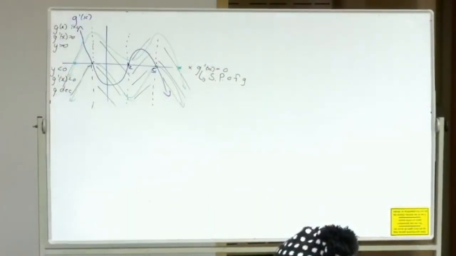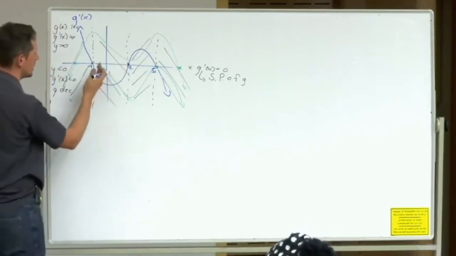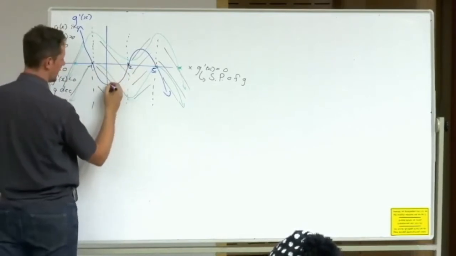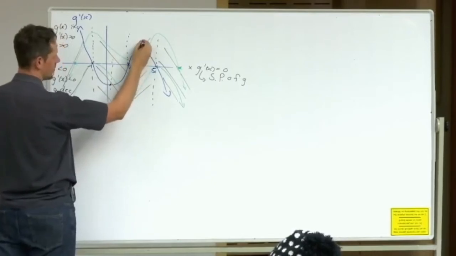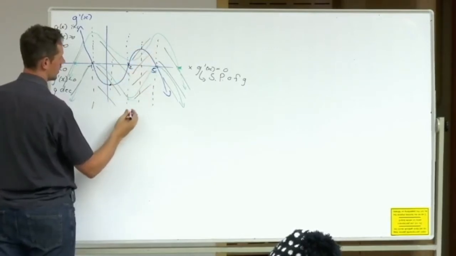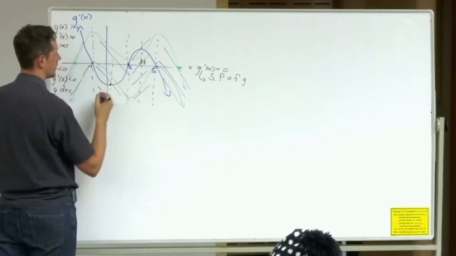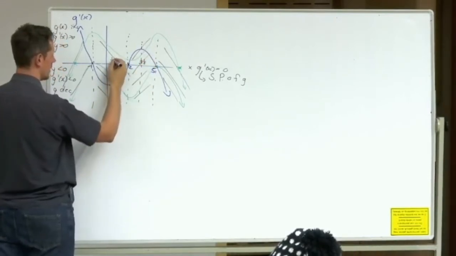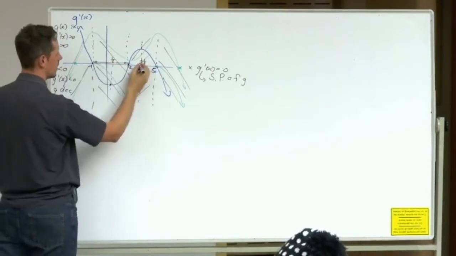But now what about the second order derivative? I did say that the second order derivative, this turning point is nice and symmetrical around there, and nice and symmetrical there. Which means this is at about 3.5, and this is at 1/2, because it's equal distances between.